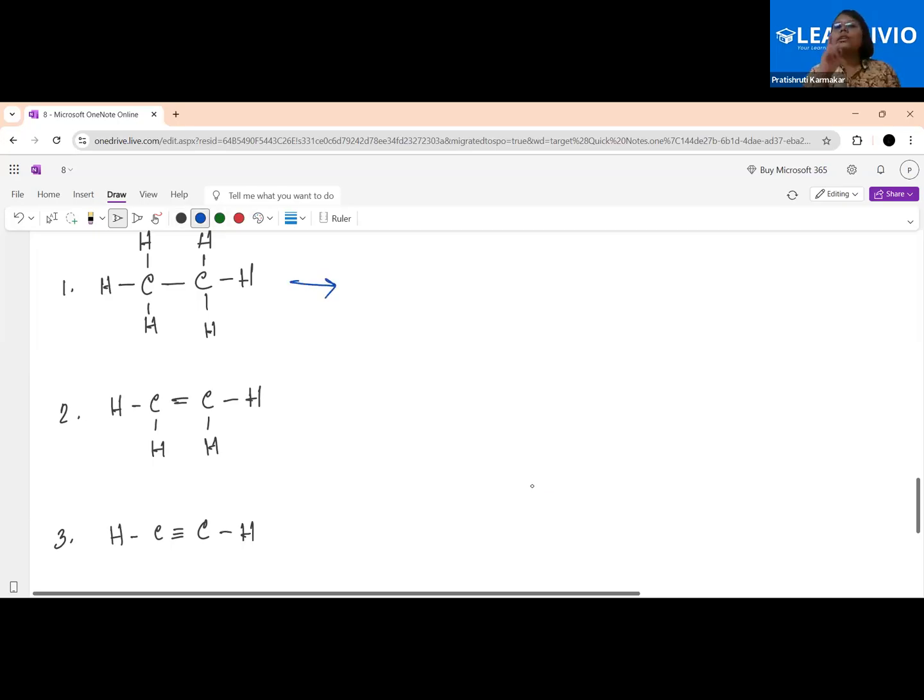So the first compound, here we have two carbons. For two carbons, the prefix will be eth and all single bond, so the suffix will be ane. So we will name it ethane.